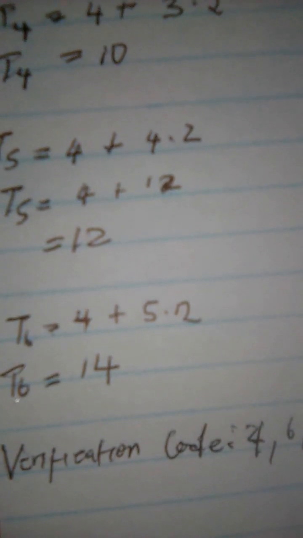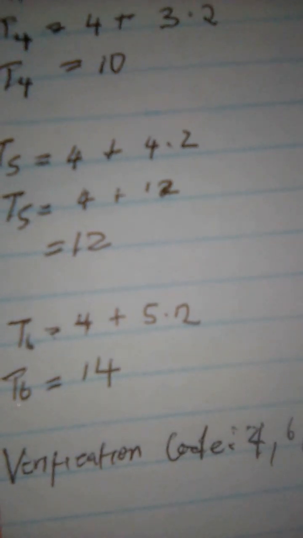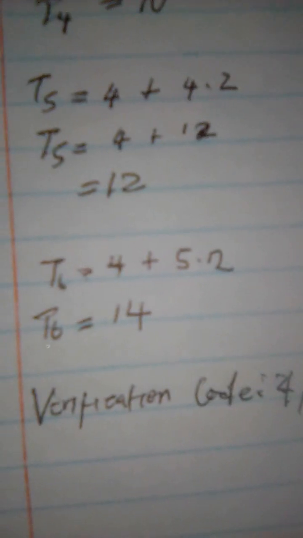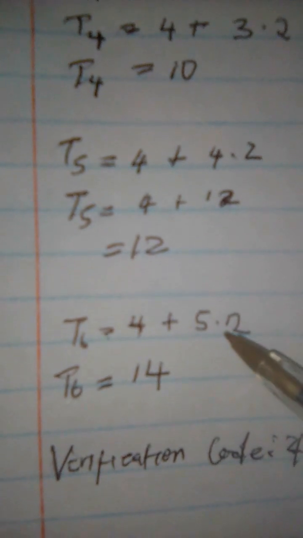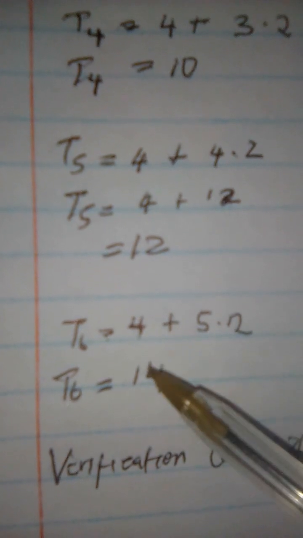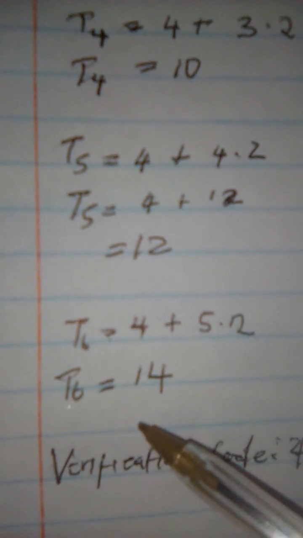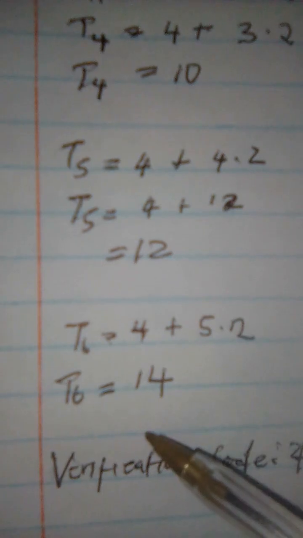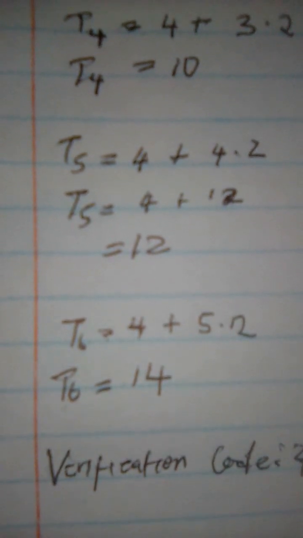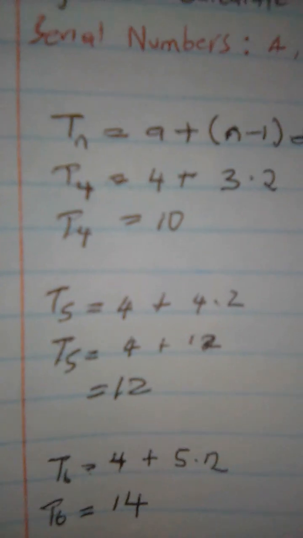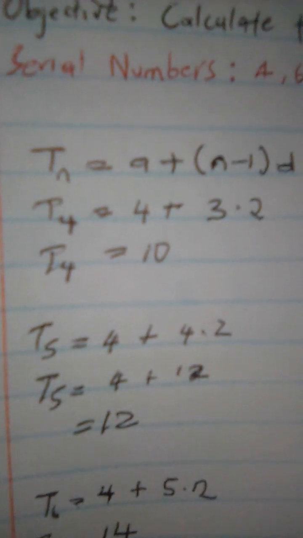Term 6 is equal to 4 plus 5 times 2. So from here we see 5 times 2 is 10, plus 4 is 14. So term 6 is equal to 14. We're going to go over here into our serial numbers and complete the serial numbers.